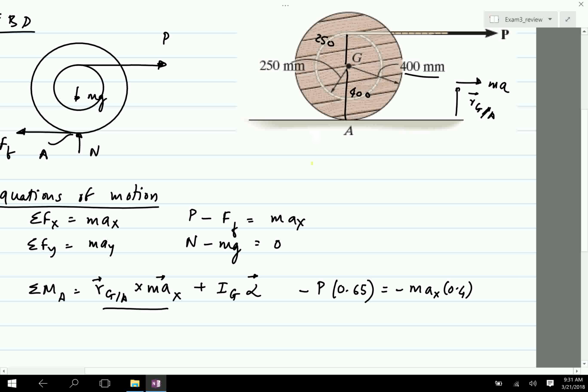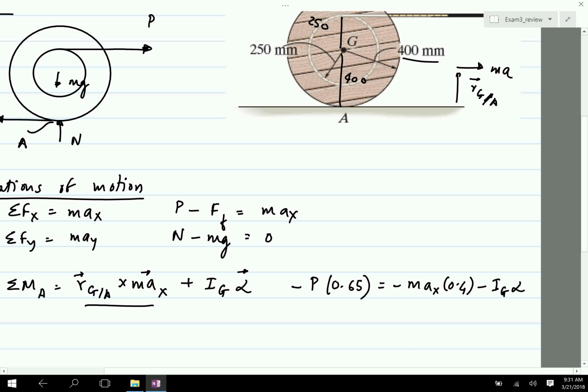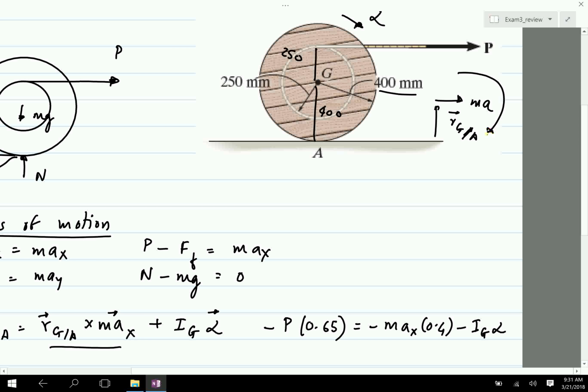And then I'm going to assume that alpha is clockwise, so it's IG times alpha. The negative sign here is because MA produces a clockwise moment about A, like I showed you there. And this is because alpha is clockwise, so IG alpha is going to be negative.